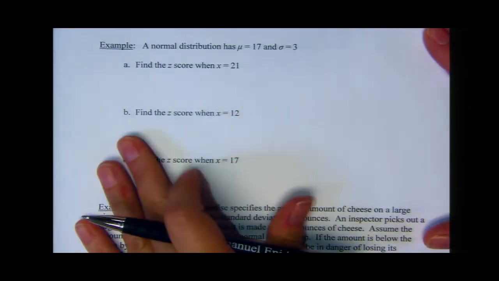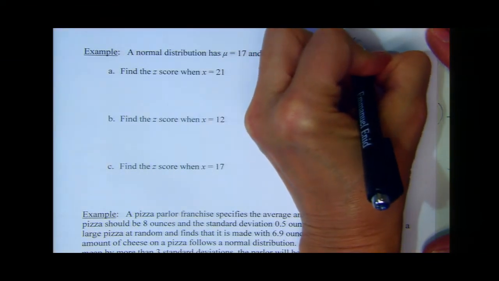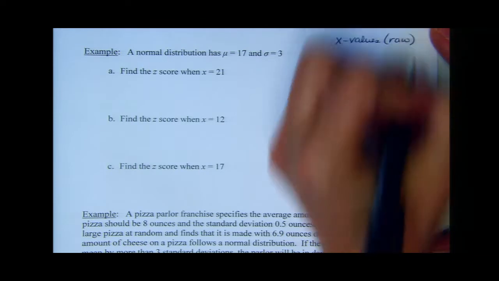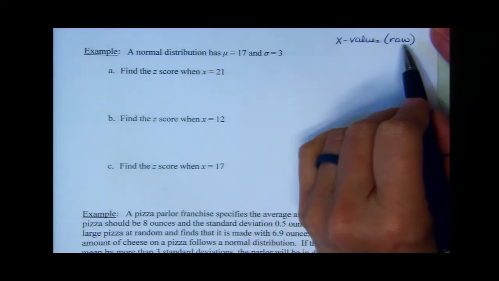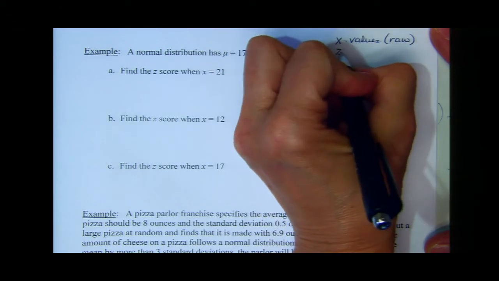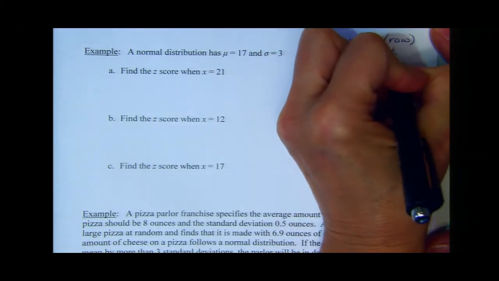So let me just write this over here. X values are raw scores, because you're going to see that terminology. So anytime you see the word raw, you know you have an X value. Z values are standardized.